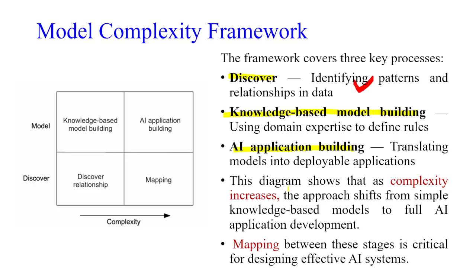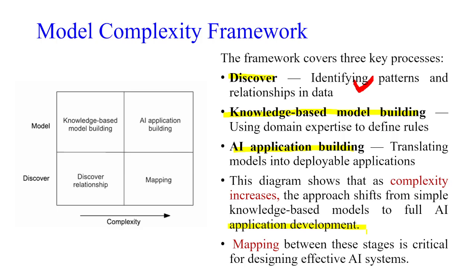So what we understand from this is that as the complexity increases, the approach shifts from a simple knowledge based model to full AI application development. Directly, you cannot jump into building an AI application. You have to go through all these stages.